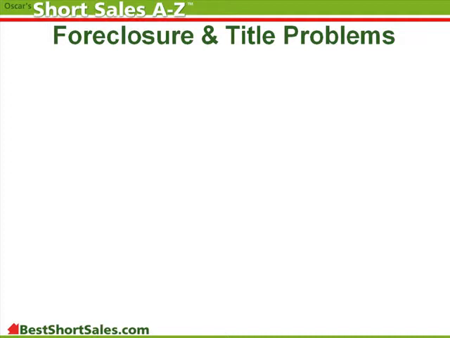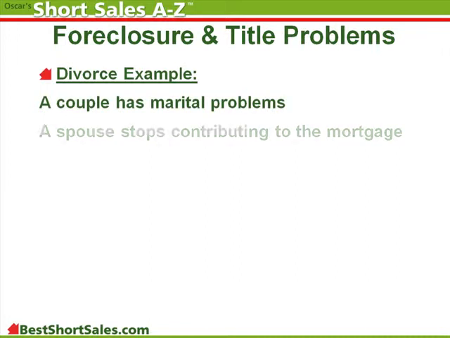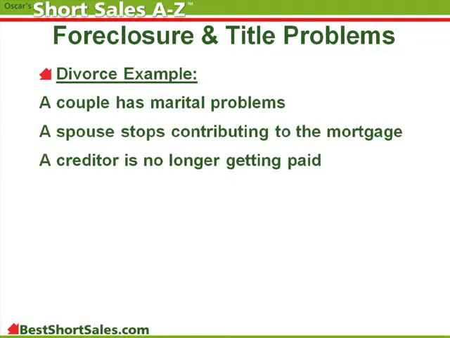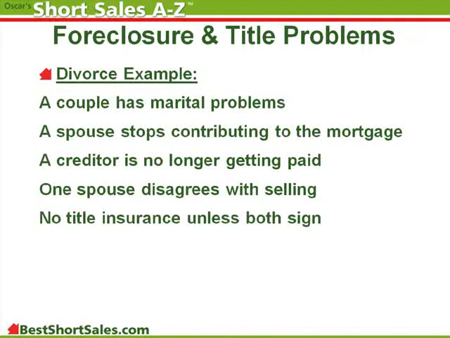Dealing with properties in foreclosure means dealing with people and title problems. Divorce is a good example. A couple has marital problems. As a result, one spouse stops contributing towards the home loan payments. A creditor is no longer getting paid. Now there are 3 people in the situation. One spouse disagrees with selling.